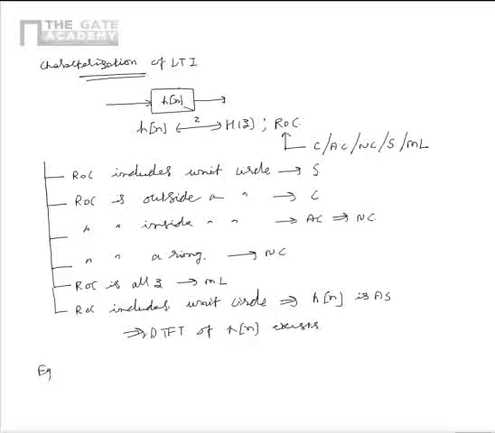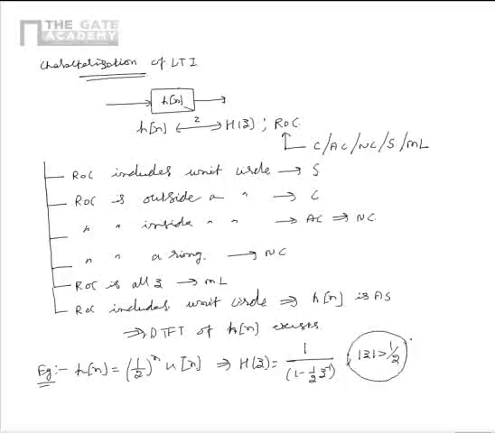So now let us consider an impulse response of an LTI system, that is h of n is equal to (1/2)^n u of n. And we know that the system function of the LTI system is 1 by 1 minus half z inverse with ROC as mod z greater than half. So here we need to characterize the LTI system based on the given ROC.